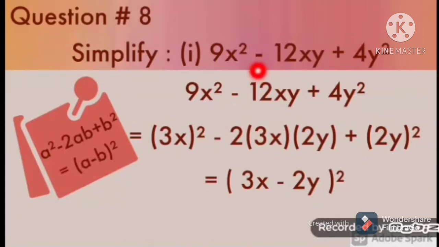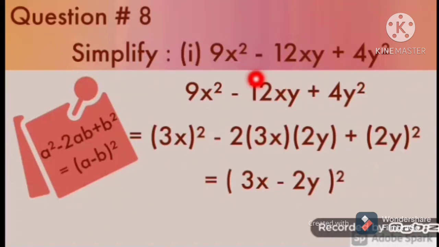Here there is a negative sign, and to solve this question we will use the identity a minus b whole square is equal to a square minus 2ab plus b square. But in question number 2 there was a positive sign here, and to solve question number 2 we used the identity a plus b whole square is equal to a square plus 2ab plus b square.